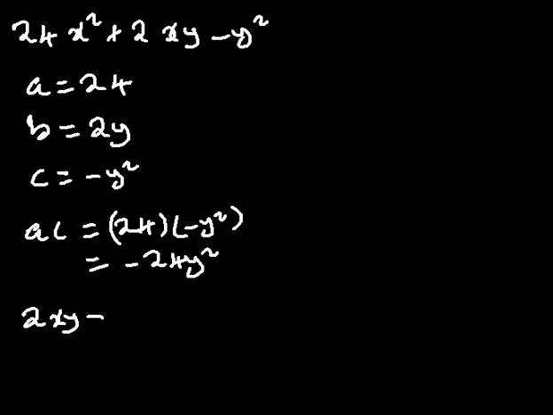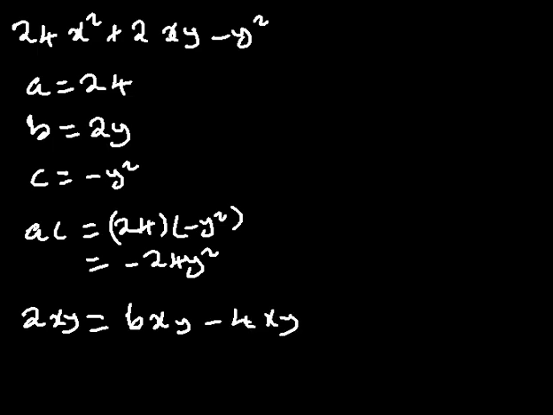We can be thinking of 2xy being about 4 times 6, but let's see how we can mix the factors there. Since this is positive, 2xy should be the same as 6xy minus 4xy.